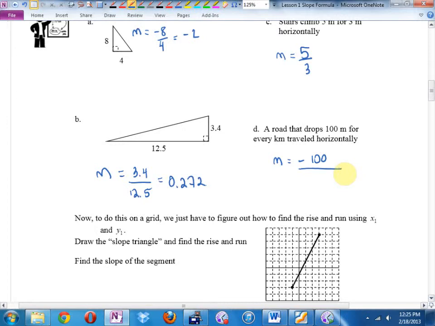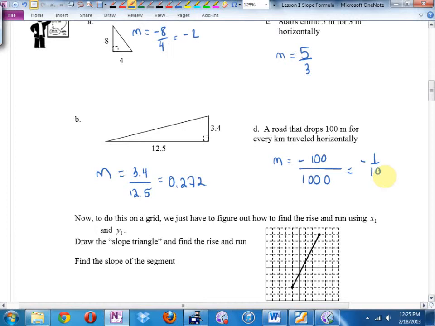Ben, the rise is 100 what? Meters. I have meters on top. You know what I better have on the bottom? Meters. So what's 1 kilometer in meters? 1,000. I think this reduces to a slope of 1 over 10.